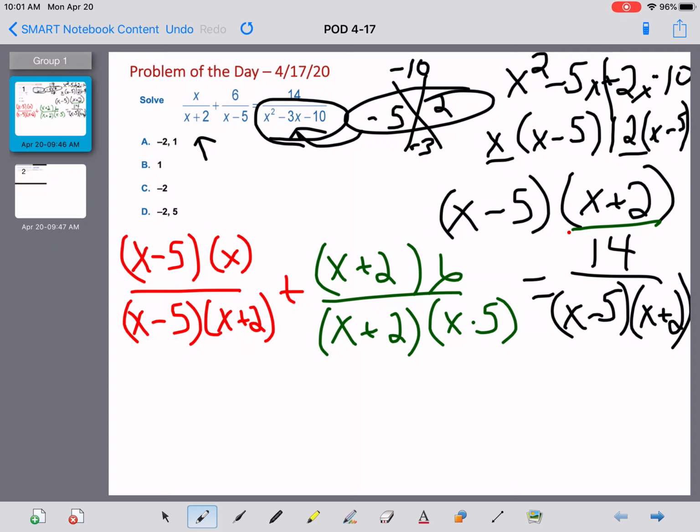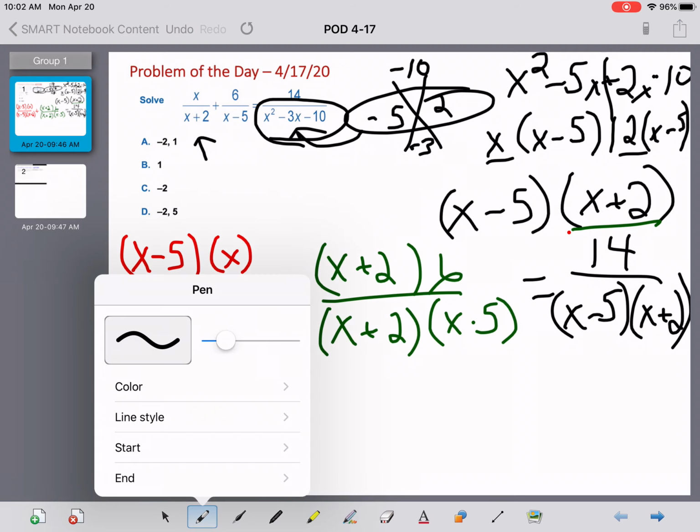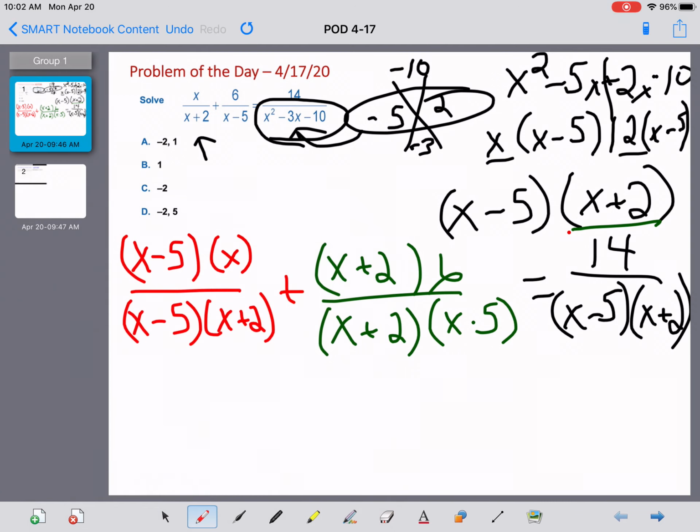Okay, so let's simplify each one of our factors here. And now that we have the denominators the same, we don't have to deal with them anymore.